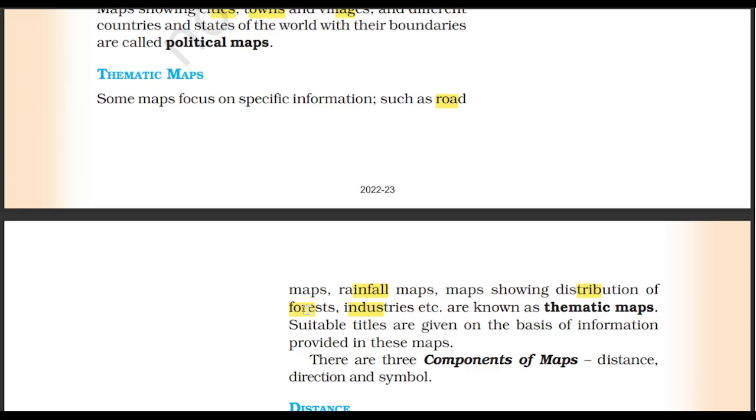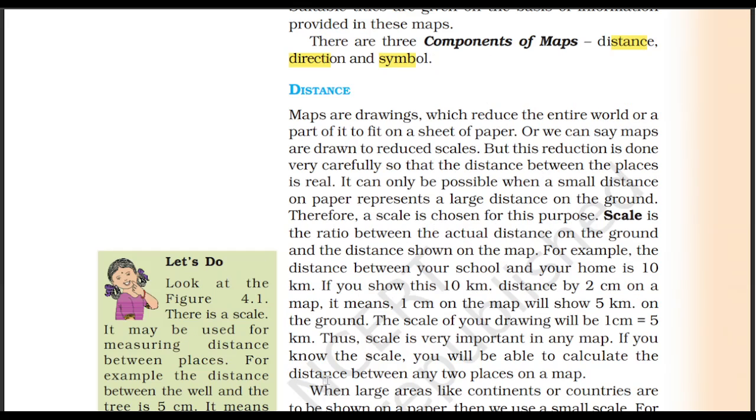These are the three components of a map, as I tell you: distance, symbol and direction. What is the use of distance? By distance we can calculate the distance on earth by observing the same distance on the map.